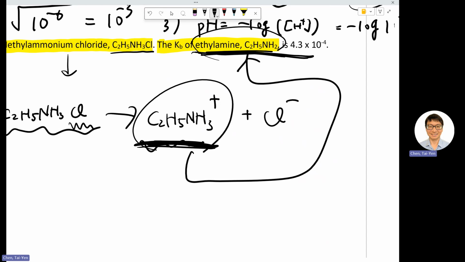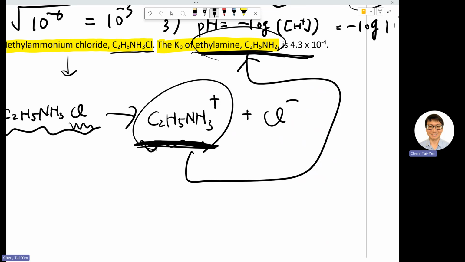Strong acid you only have 7. So the conjugated acid of a weak base will be a weak acid.